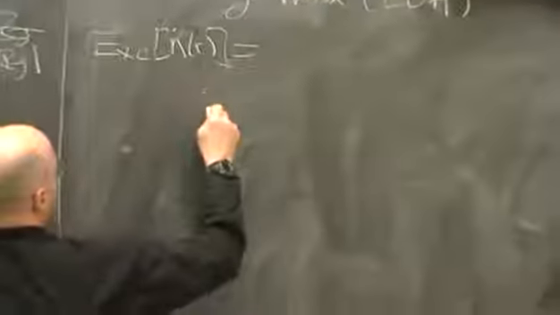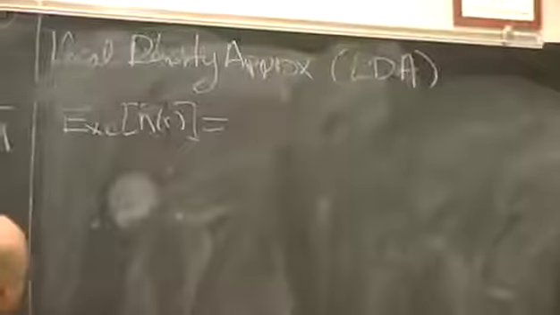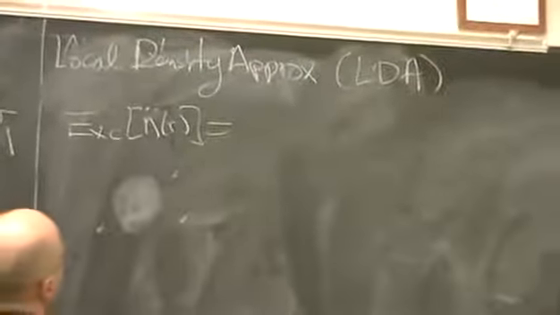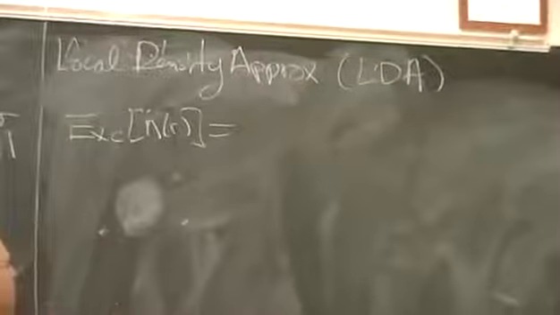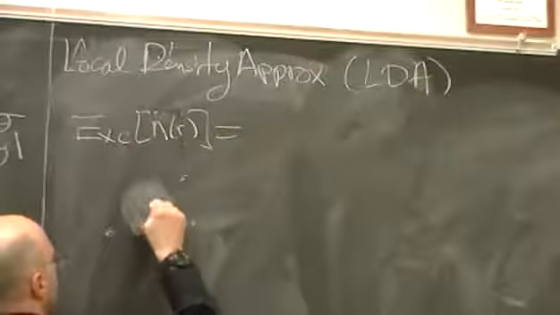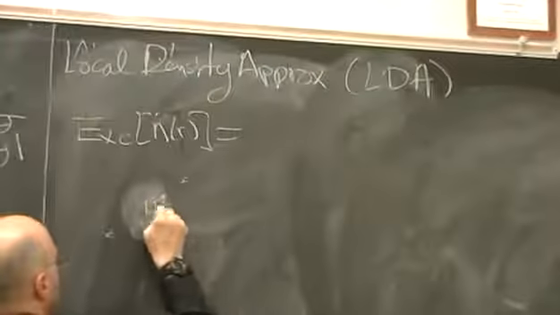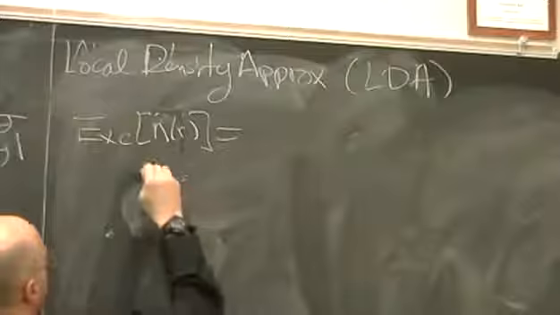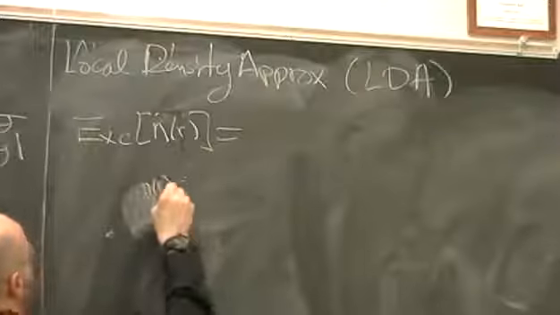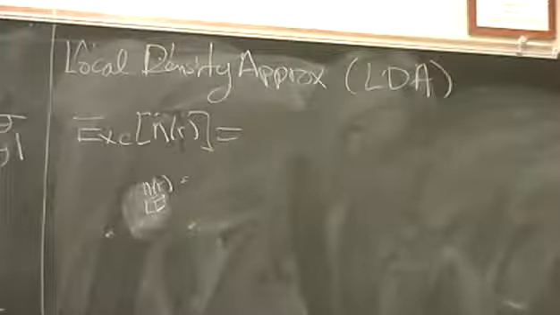I'll redraw it. So I've got my nuclei. I've got my little electron cloud. Excuse me for that squeakiness. And then, what I do is I take my electron cloud and I divide it into a bunch of little chunks. A bunch of little volume elements, and I look at the density at each element, n of r.